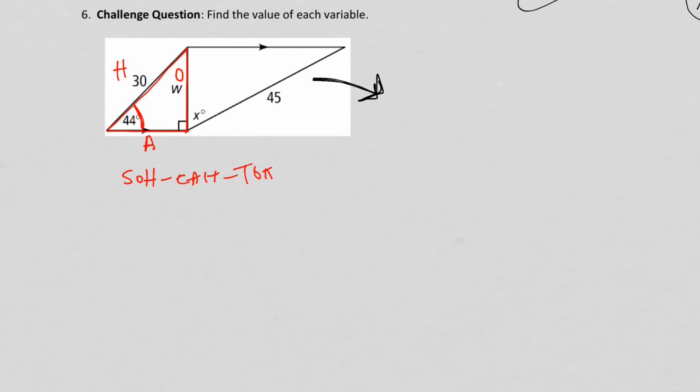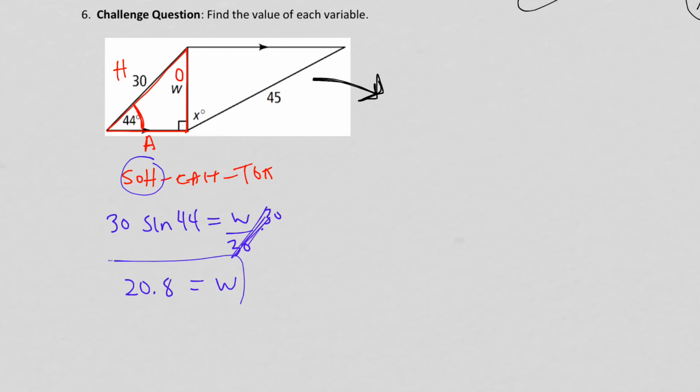It's OH. So using sine, I can say sine of my angle of 44 degrees equals opposite over hypotenuse. And here I can solve this equation for W. And on a calculator, if I type in 30 times sine of 44 degrees, I find that W is approximately 20.8 units long. This is 20.8.